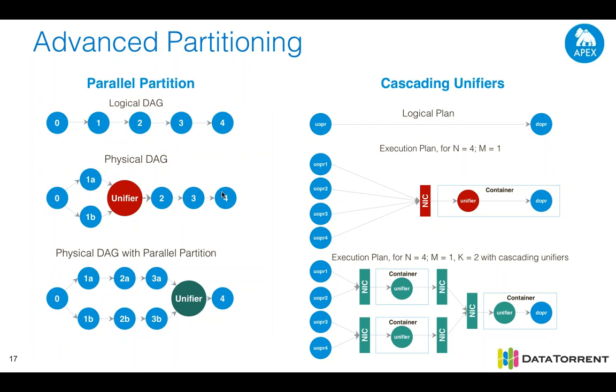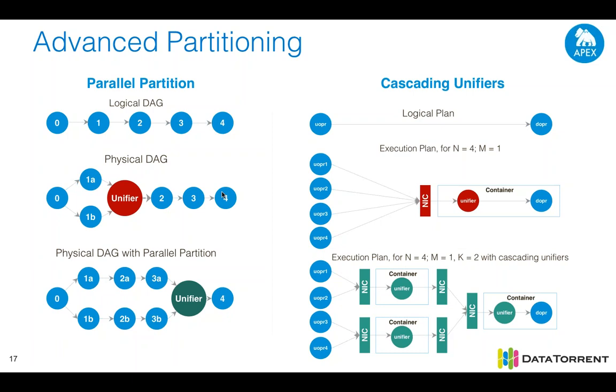For example, you may be parsing a line, then filtering, and then doing some enhancement, continuously on different pieces of data, and there's no relation between successive pieces of data. So you can run a parallel pipeline where partition 2A receives data from 1A directly, and there's no shuffle. And on the right side is another unique thing we support called cascading unifier.